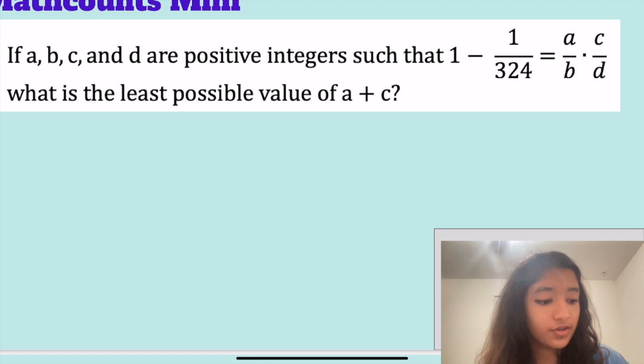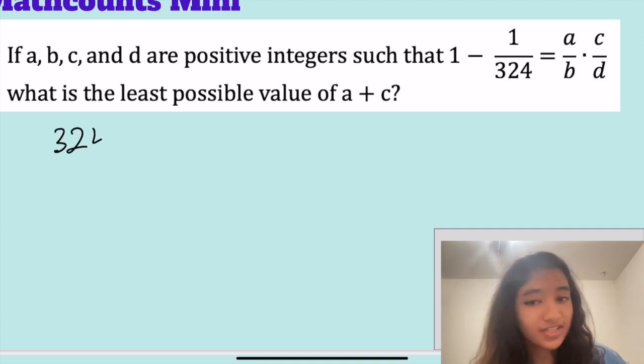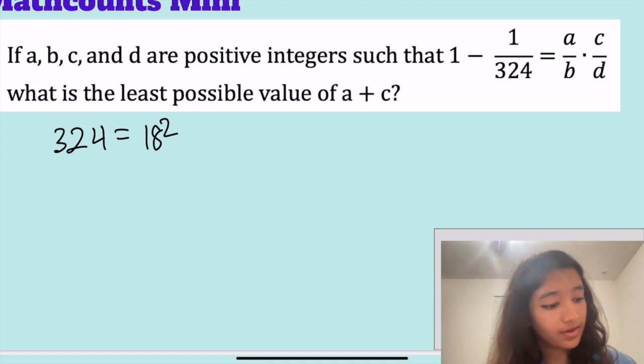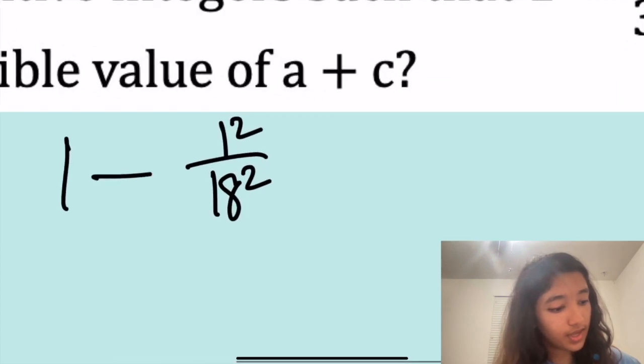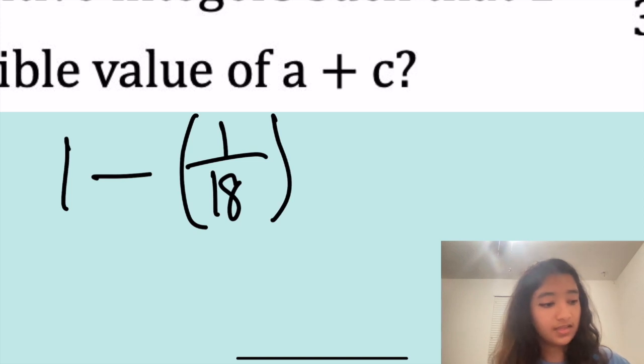If you know your squares, you would know that 324 is equal to 18 squared. So we can write that expression as 1 minus 1 over 18 squared, which is really 1 squared minus (1/18) squared.